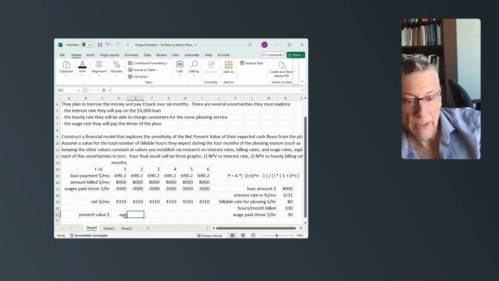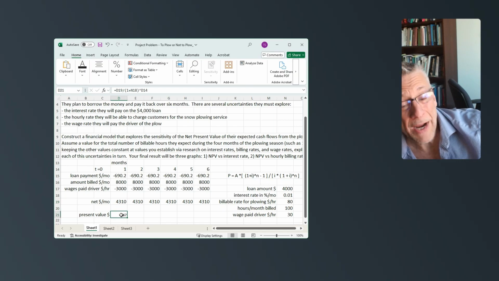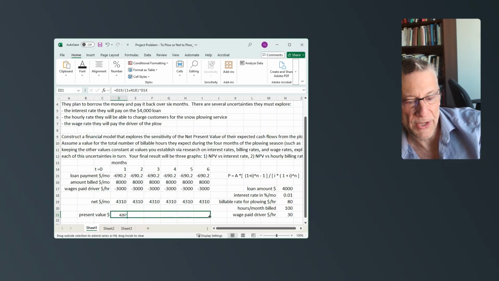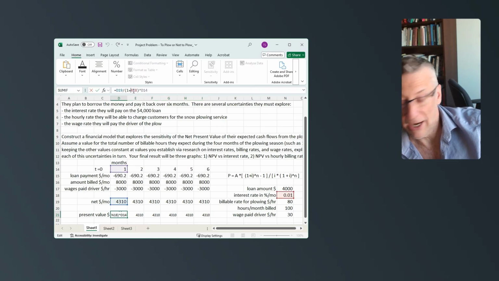You can see that the present value of this 4,310 collected at the end of the first month is less than 4,310, which makes total sense. In this case, we are using the interest rate as a discount rate.